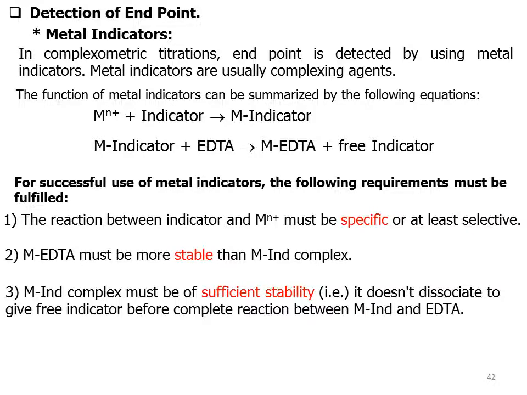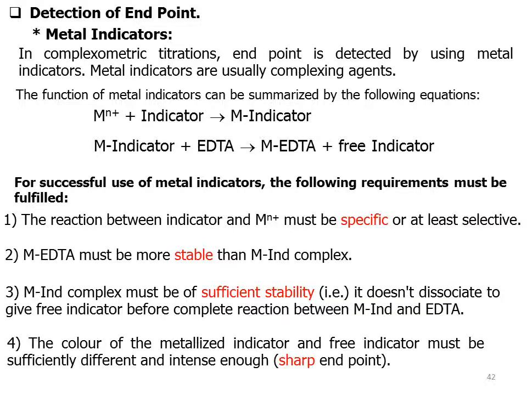Number one, the reaction between indicator and the central metal ion must be specific, or at least selective. Number two, the central metal ion EDTA complex must be more stable than the metal indicator complex. Number three, the metal indicator complex must be of sufficient stability. That means it shouldn't dissociate to give free indicator before complete reaction between the metal and the EDTA.